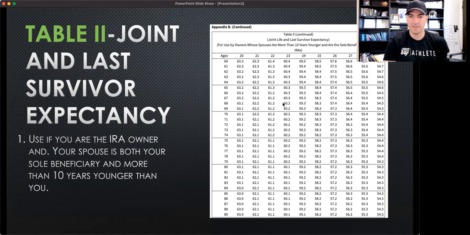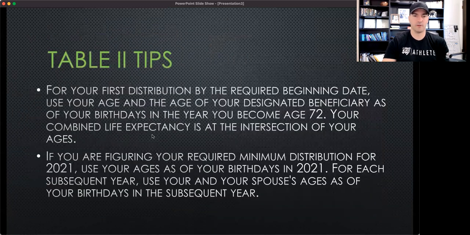You find the intersections in the middle section of the chart. This is funny. Say someone was 29 and you were 60, so you married someone 31 years younger, it would be 54.7. That's your required minimum distribution. Sound good on that? Pretty simple stuff.